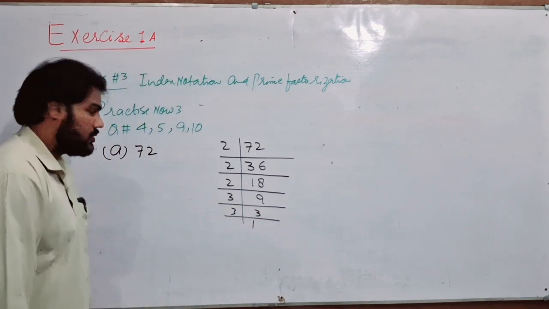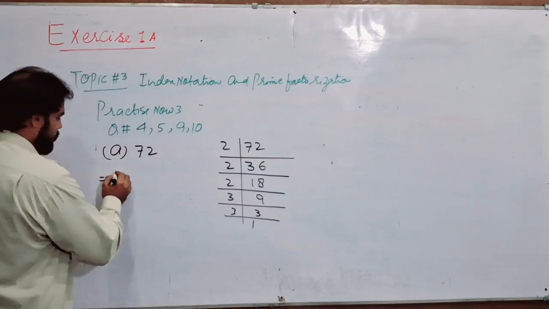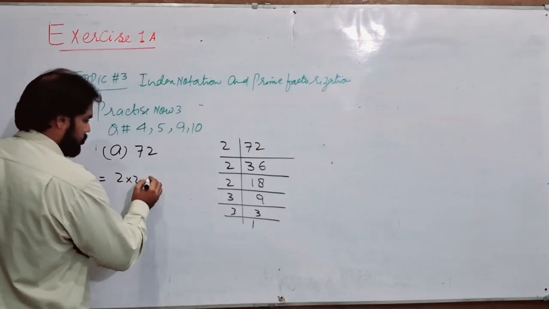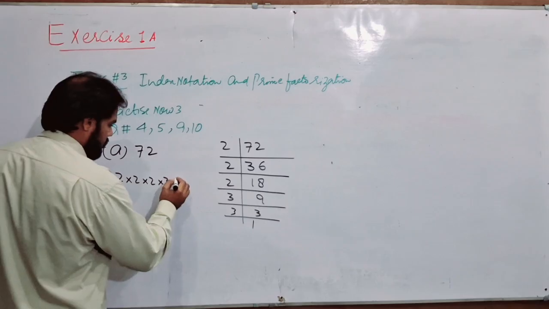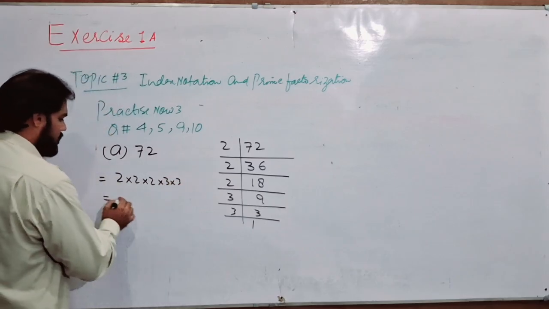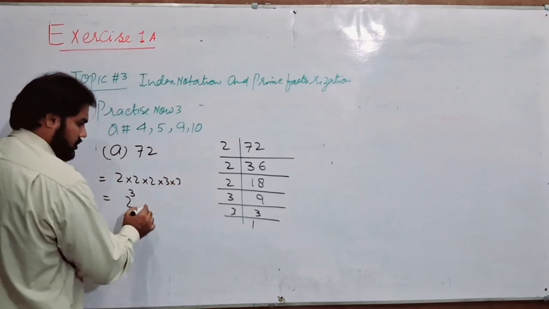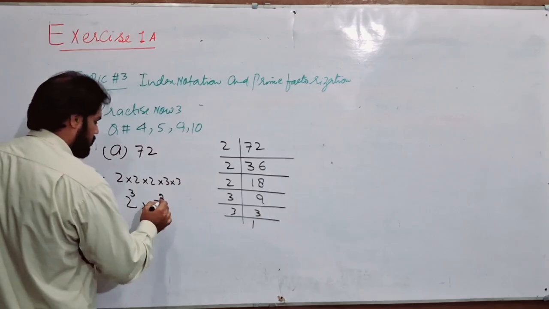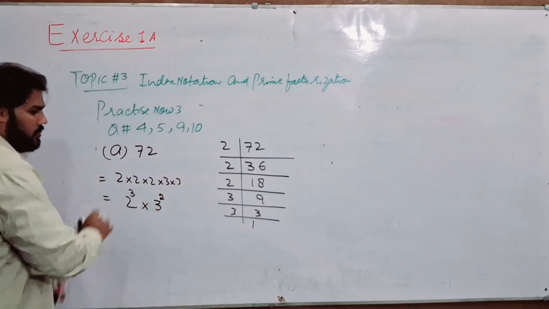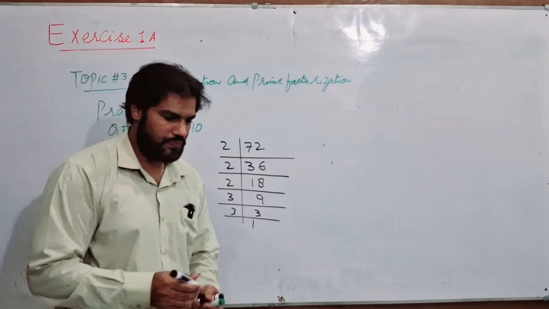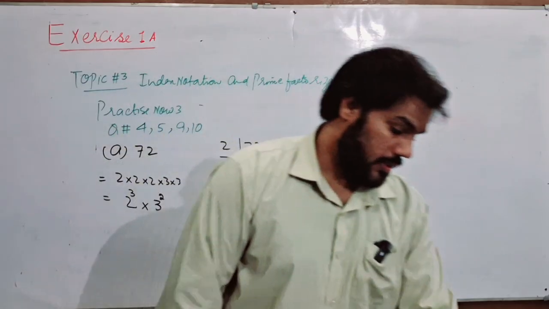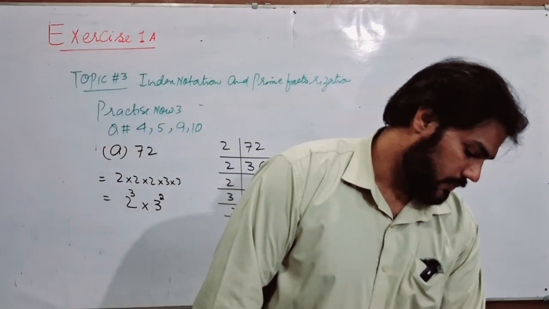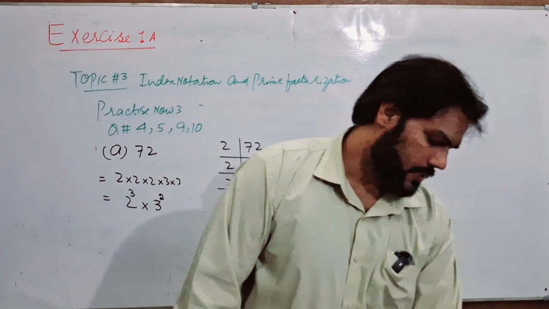So the prime factorization of 72 is simply 2 into 2 into 2 into 3 into 3. As 2 appears 3 times, we can write it as 2 raised to power 3. And 3 appears 2 times, this can be written as 3 raised to power 2. So this is my index notation and this is the prime factorization of 72. Next we do its B part.